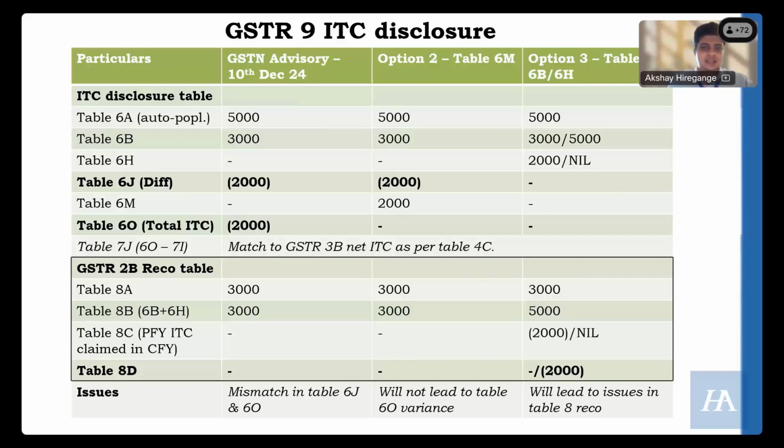The only thing is in the second option, 6O at least will match. But if you would like to follow the advisory, then you need not disclose in table 6M. Option 3, in my view, is not acceptable. I have just displayed it here. I will not explain the same because it will confuse rather than clarify any further.